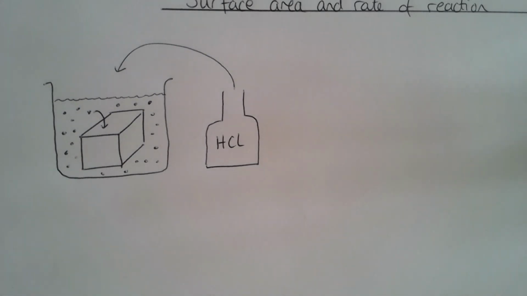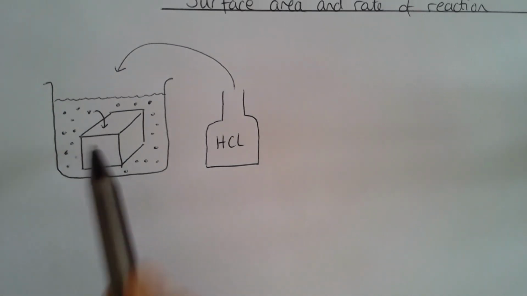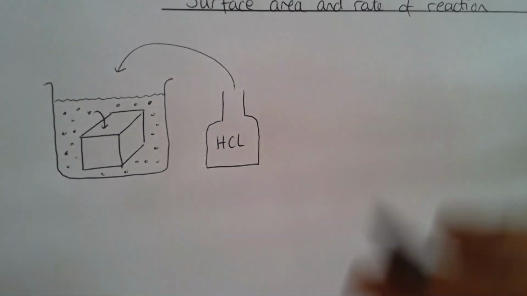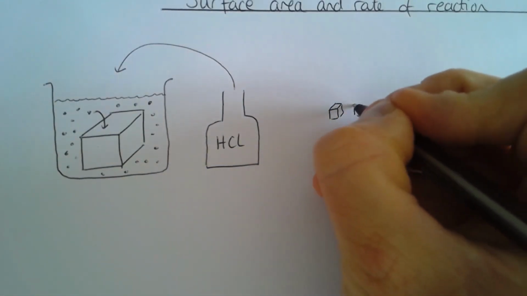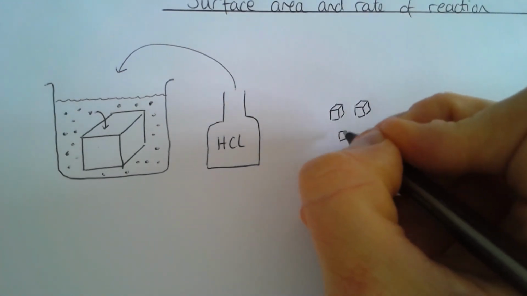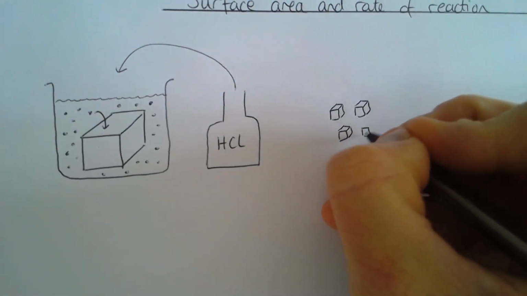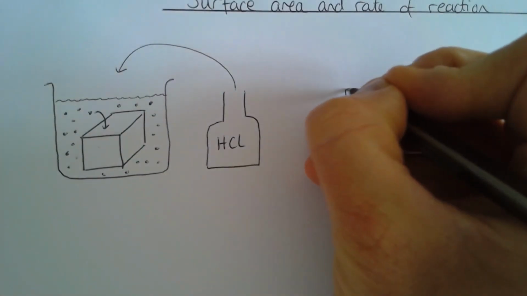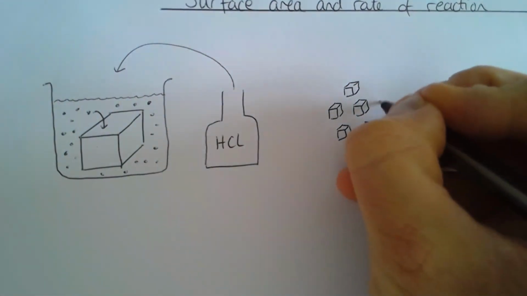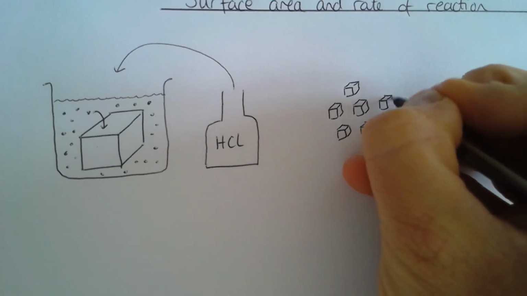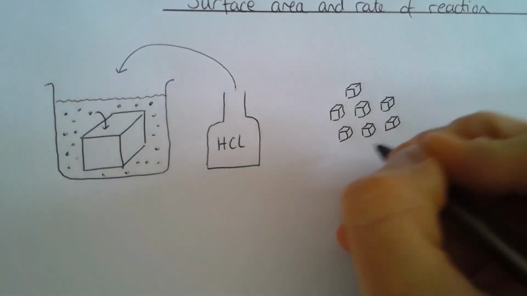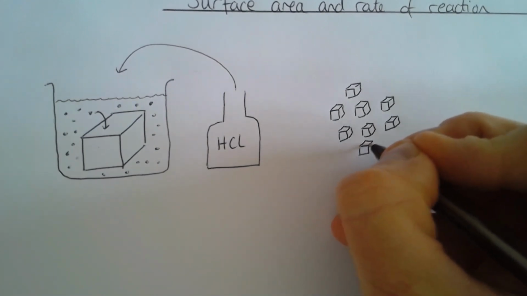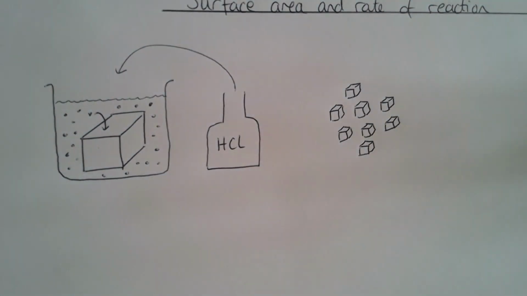Let's have a look at what happens if we break that piece of marble chip into some smaller cubes. I'm going to break it into 8 smaller cubes. So I'm taking the same volume, the same mass of calcium carbonate, but I'm breaking it up into 8 smaller cubes.